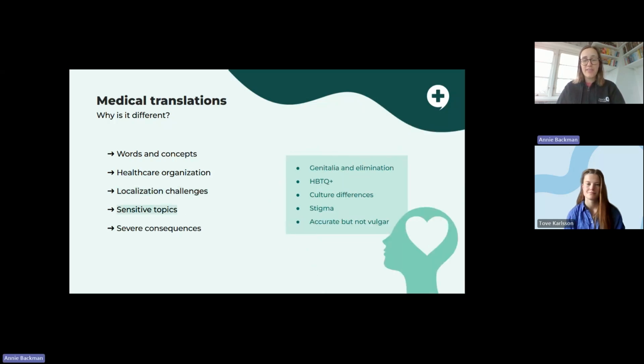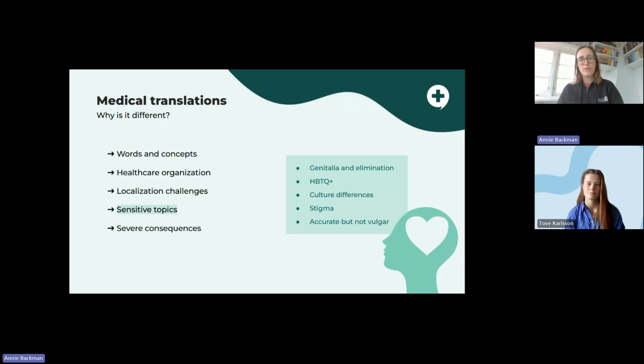In healthcare, you also handle sensitive topics. And this is important for translation because it's not always easy to translate these words because they're not used in everyday speech that much. You know, talking about your genitalia and peeing and pooping, you need to set the level of what words to use.